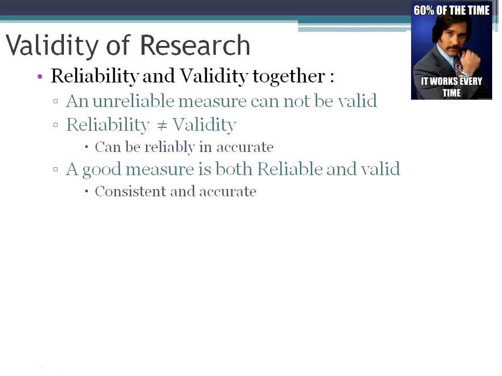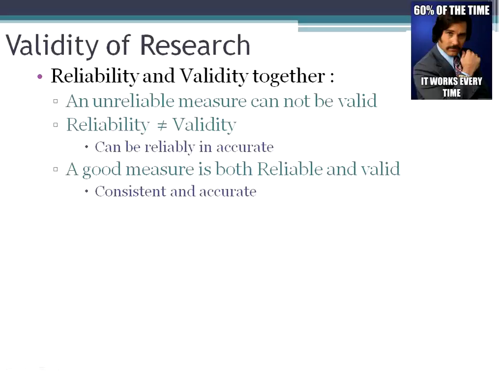Now, putting this all together, one thing that is key to know is that just because you have reliable measurement doesn't mean it's valid. Reliability does not equal validity. You can be reliably inaccurate. So, for example, I can get on a scale, and it tells me that I weigh 100 pounds. I step off the scale and I get back on 5 minutes later and it says 100 pounds.